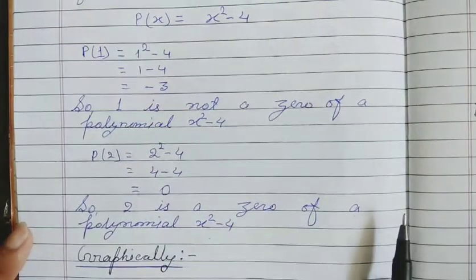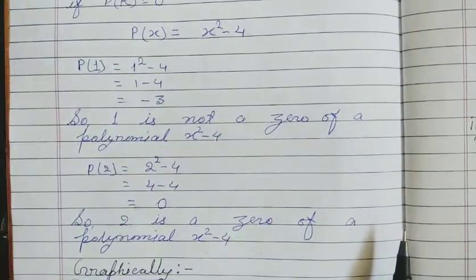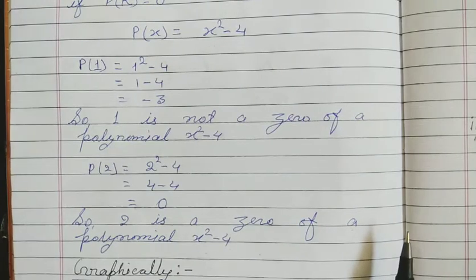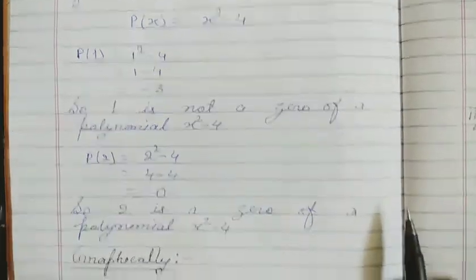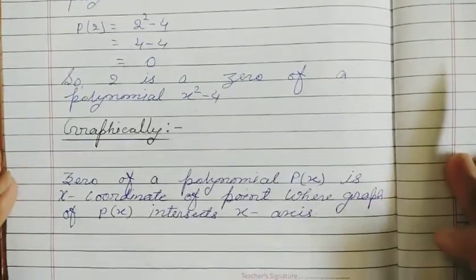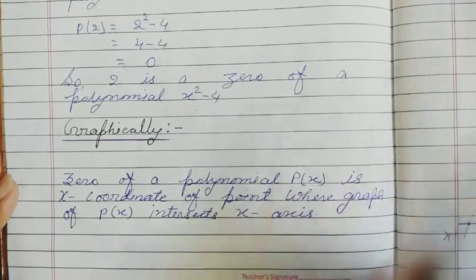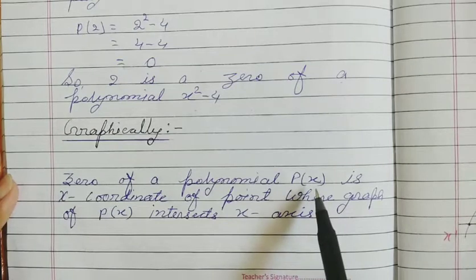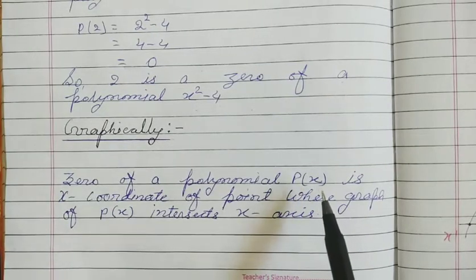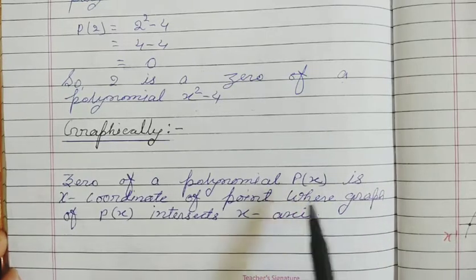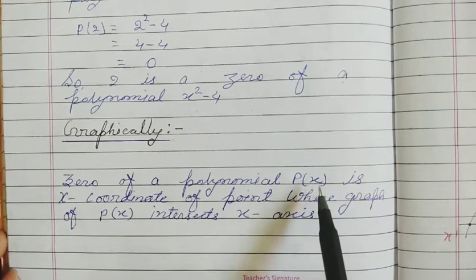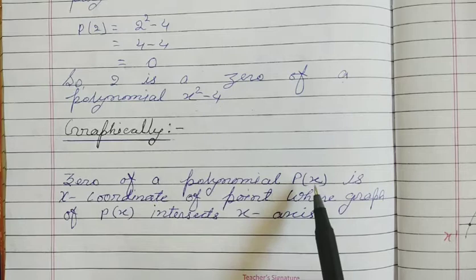Now how will we find the zero of a polynomial graphically, means geometrically? Suppose we have any polynomial p(x), a polynomial in the variable x. If we write p(y), it means a polynomial in the variable y.